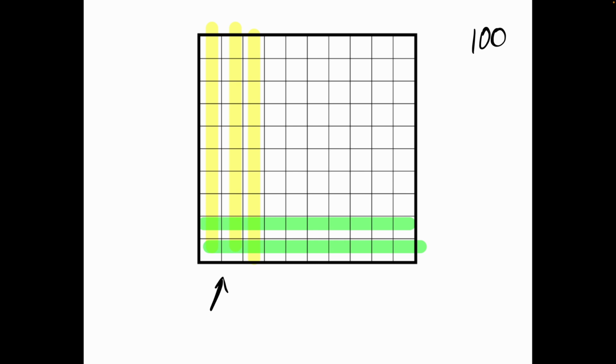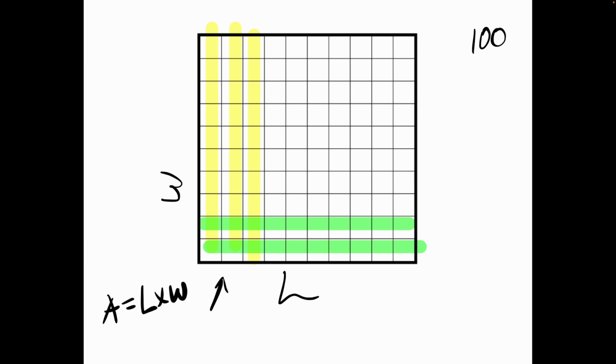Now let's take a look to see what expression they're trying to show us here. Already we can tell that it's multiplication. How can you tell? Because we know that area equals length times width, and they gave us a length and a width. In order to figure out the expression, we have to see what's on each side.